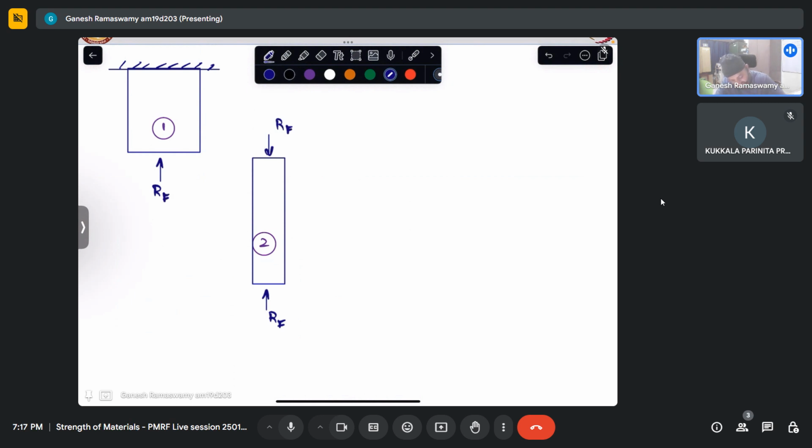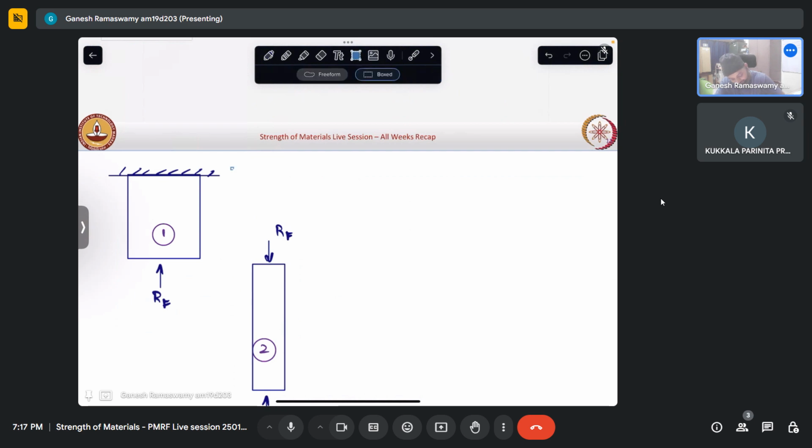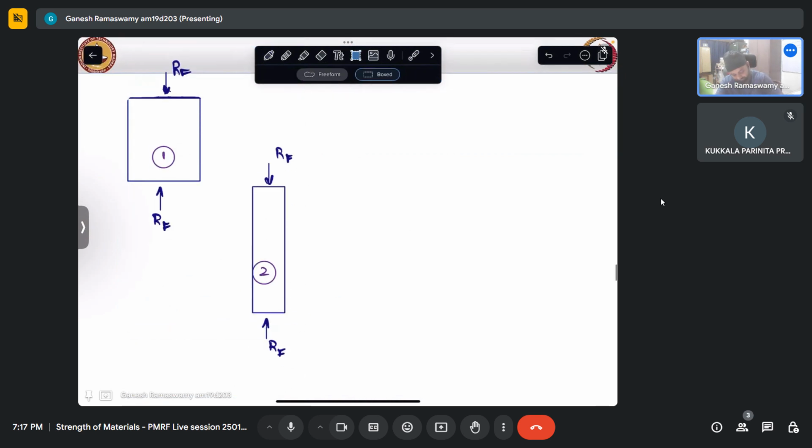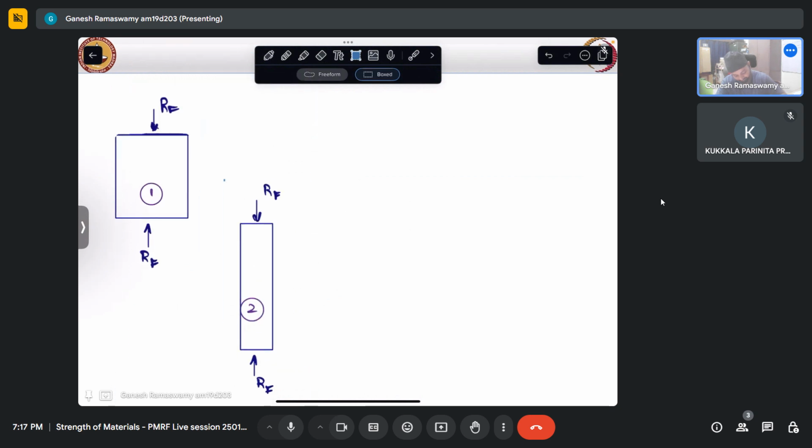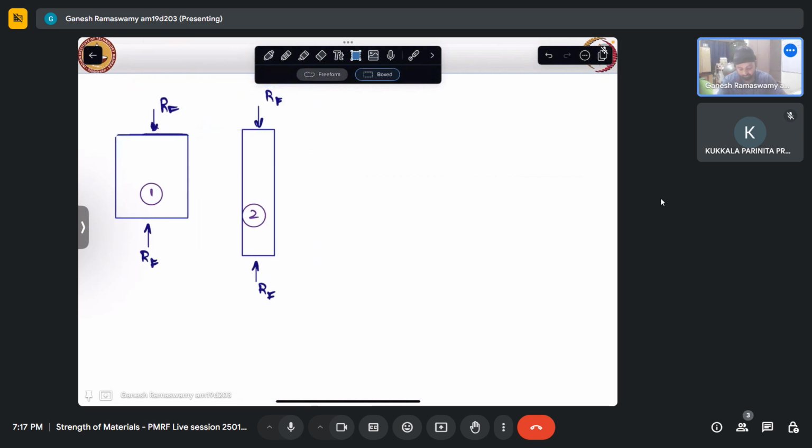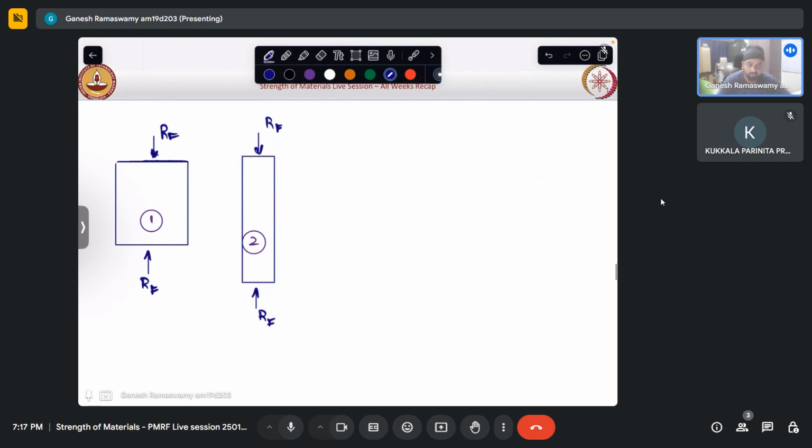Similarly, this is also RF, and the reaction, the push that this is experiencing, is also RF. Very well. And then this is now what the total change of length will be. Physically, what we will observe is 0.02 only.